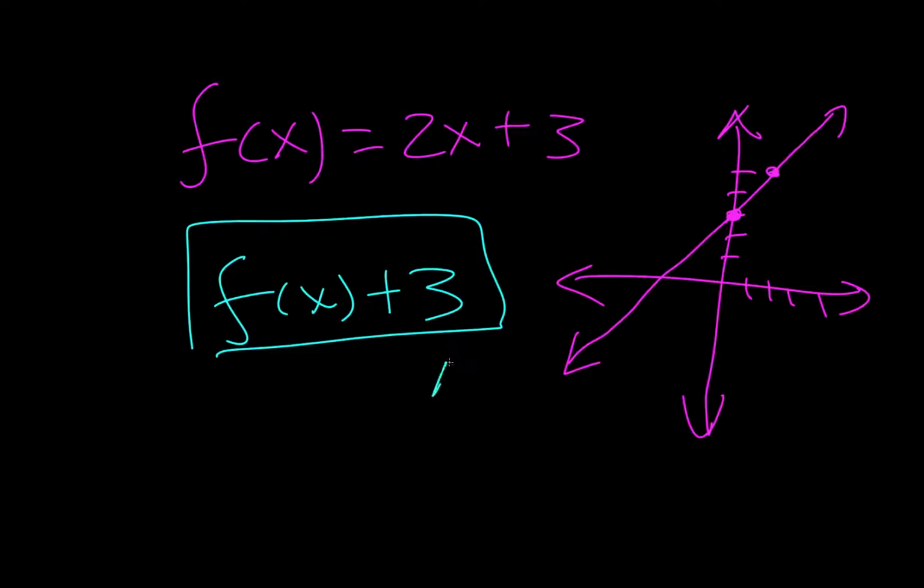It's like, what does this plus 3 do to the graph? Well, if we take a function, we add 3 to it, we actually move up 3, so 1, 2, 3, and then we would create the same slope, just a parallel line that's been moved up 3. So a question like that, that's really all it's asking for.